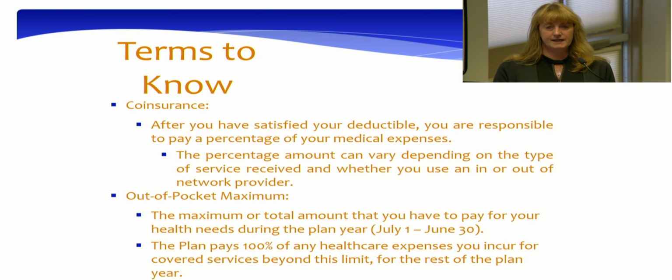Coinsurance: after you've satisfied your deductible, you may be responsible to pay a percentage of your medical expenses, and that percentage does vary depending on if you go to an in-network provider or out-of-network provider. And then you have an out-of-pocket maximum, which is the maximum amount you pay during a plan year. Your plan year is July 1 through June 30. And after you've met your out-of-pocket expense, the plan will pay 100% of any covered services.